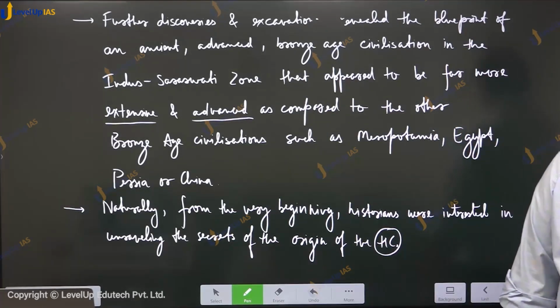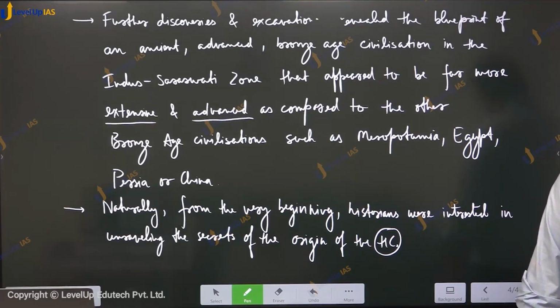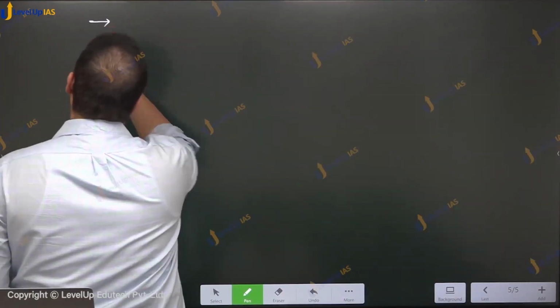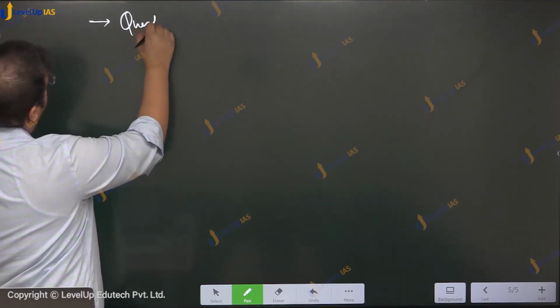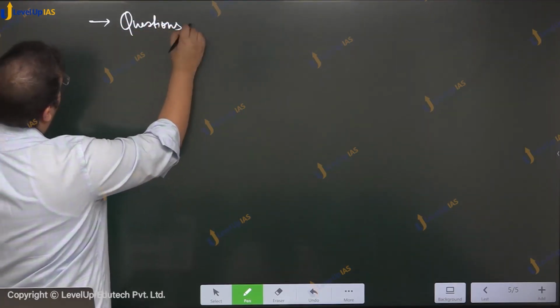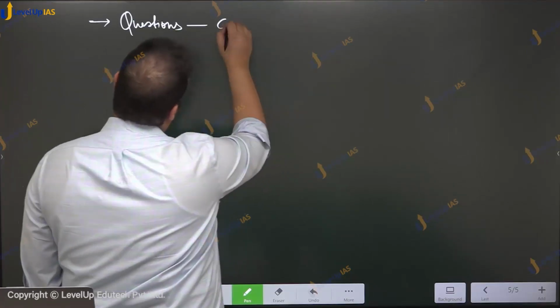But answering these questions was not so straightforward. There were significant hurdles, challenges. Write down. However, answering these questions was challenging.